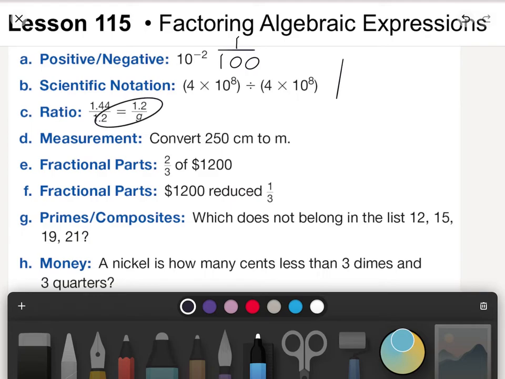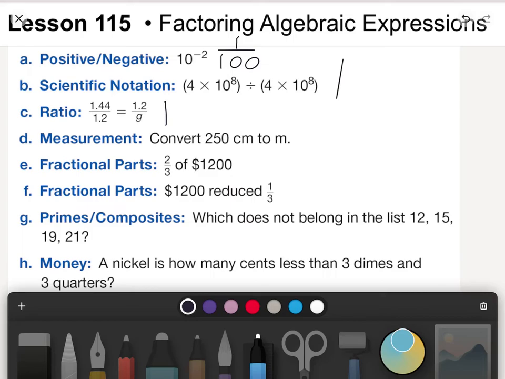You'd multiply them and divide by this guy. So it's essentially almost like 144 equals 144. So the answer to this would be 1 as well.